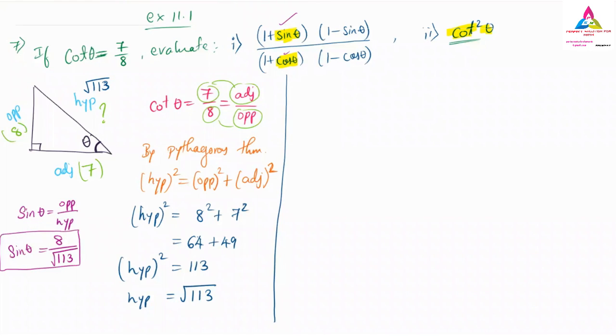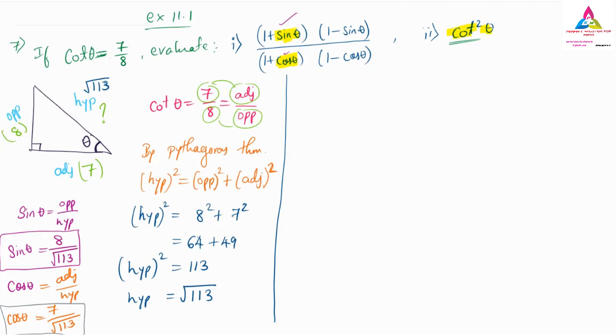Similarly we have cos theta to find. Cos theta is equal to adjacent by hypotenuse. Adjacent over here is 7 and hypotenuse here is root 113. So that is cos theta. These are the two things we have to remember.